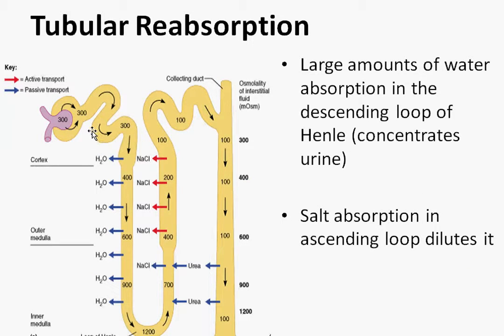Here are some other numbers. This is again talking about the loop of Henle, which is basically in charge of concentrating the blood, concentrating the urine, and very simply taking the water out. How much water comes out is going to cause it to be more or less concentrated.